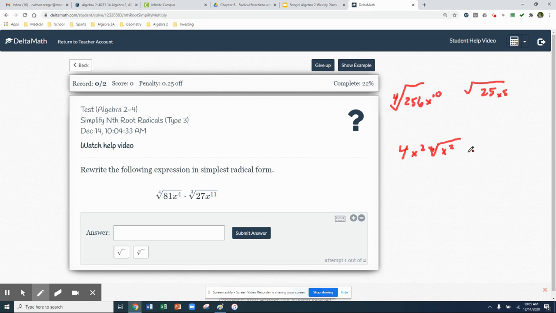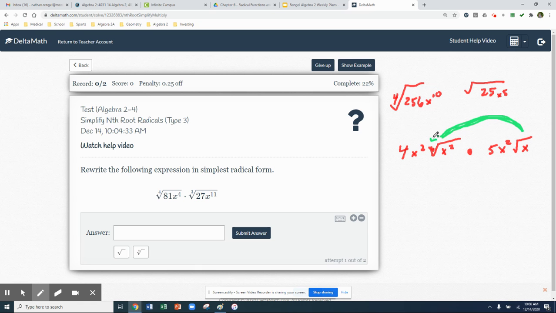Gotcha. All right. So then this would be 5x squared with an x left underneath, right? Yeah, and then this squared goes to that x, and this is the square root. All right. So one other thing from section 2 is whenever we're multiplying radicals. Now I'm only talking about these two. The only time I can multiply them is if they have the exact same index, and they don't.